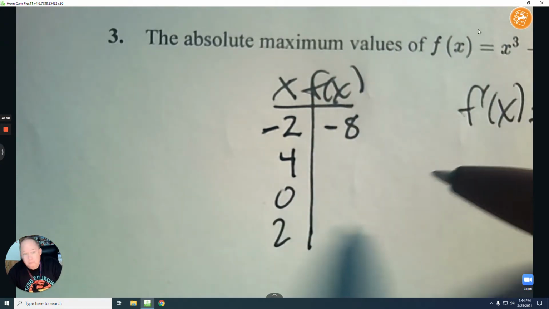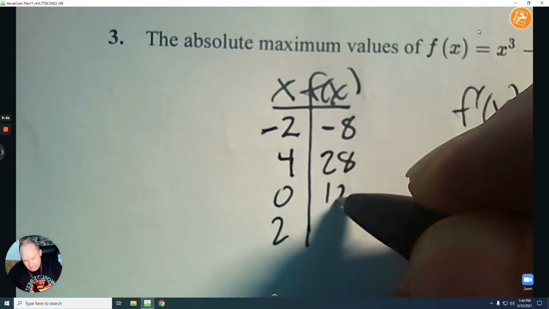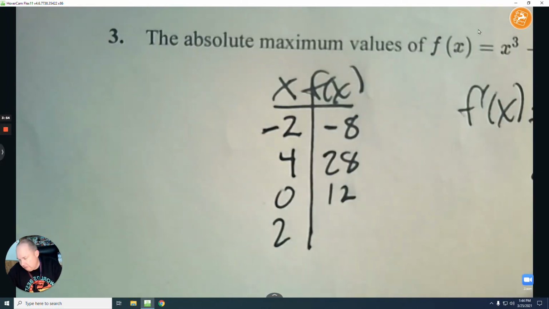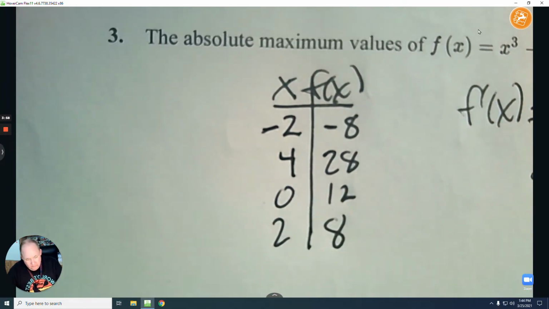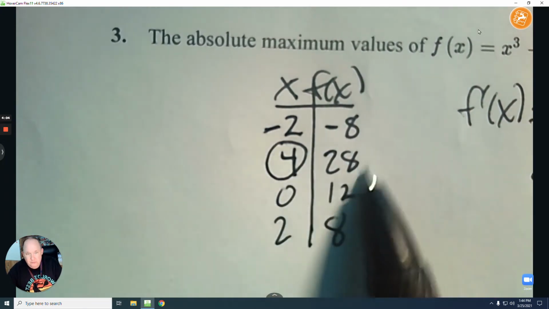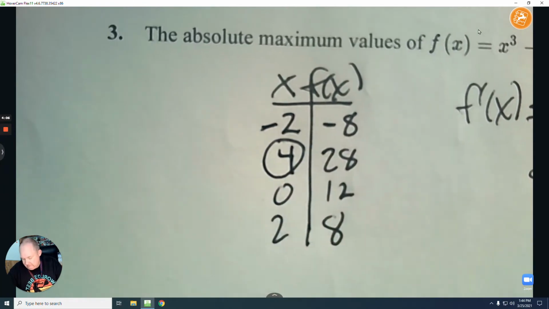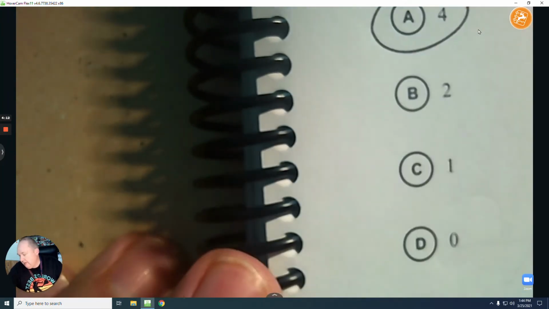If you plugged in 4 into f, that gives you the answer 28. 0 gives you the answer 12, and 2 gives you the answer 8. Out of those, at what x value does the absolute maximum occur? And you can see it's right there. When x is 4, it gives you the greatest value. So the answer is A.